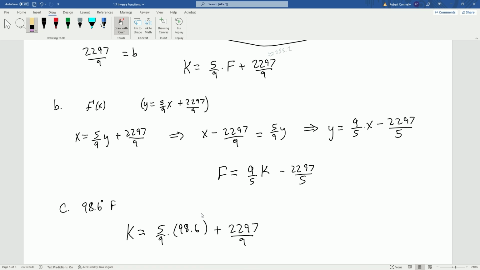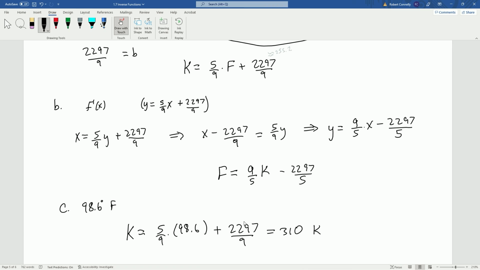Don't really need to write degrees here. And then you just plug it into a calculator, so that's kind of plug and chug stuff. 5 times 98.6 divided by 9 plus 2,297 divided by 9. And I got exactly 310 Kelvin.